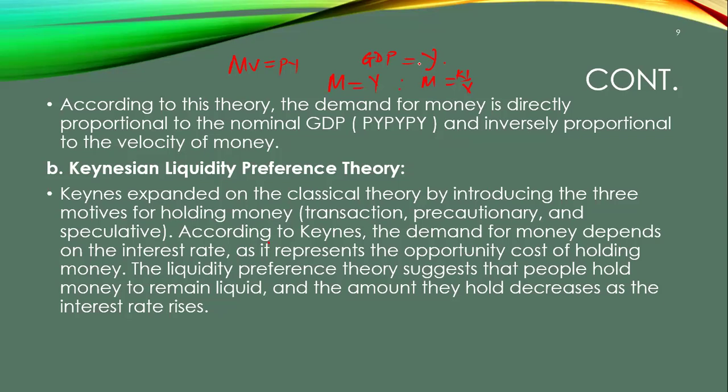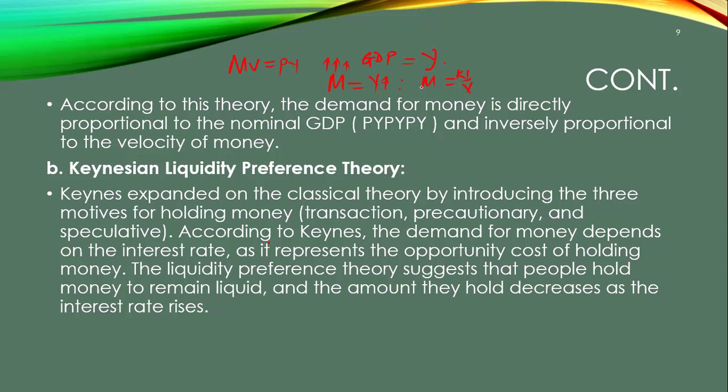So what do we mean? As demand for money tends to increase, it increases investment, it increases productivity, which increases the nominal GDP, or in other words, the output. So that's why we are saying that it is directly proportional.